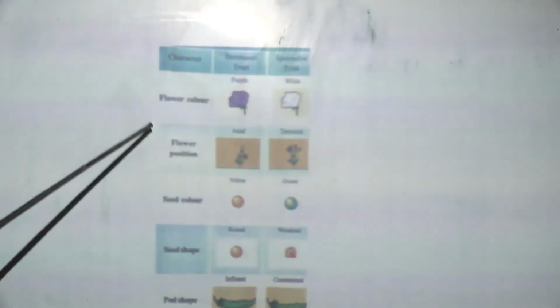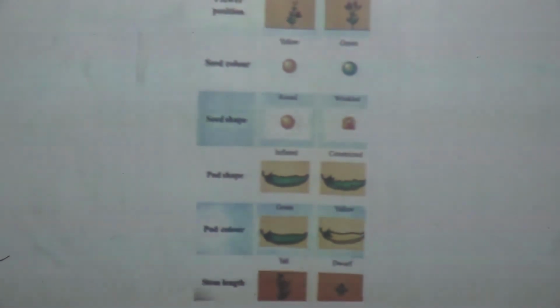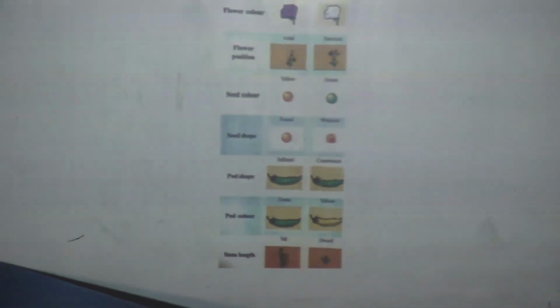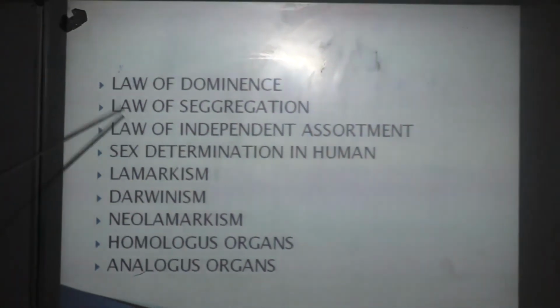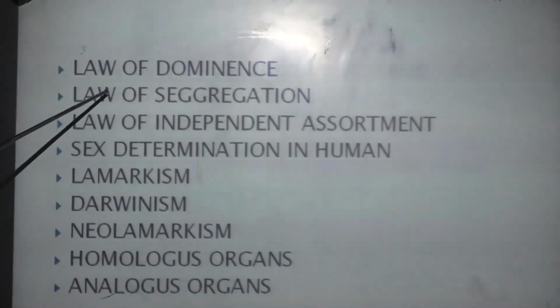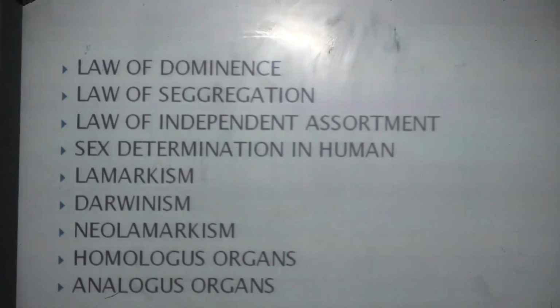These are the characters: flower color, flower position, seed color, seed wrap, like that. 7 contrasting characters are selected. Just only I said law of dominance, law of segregation, law of independent assortment.